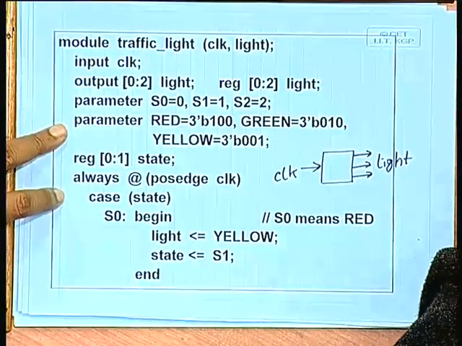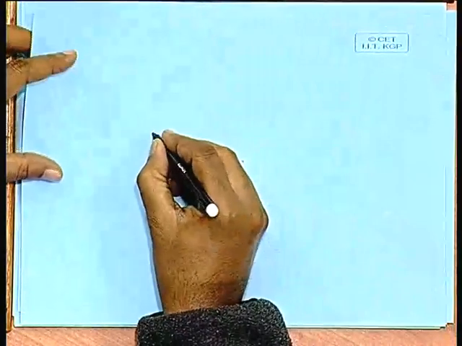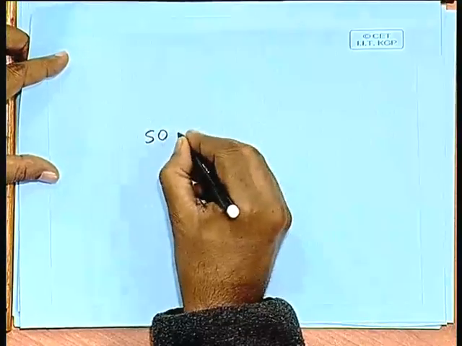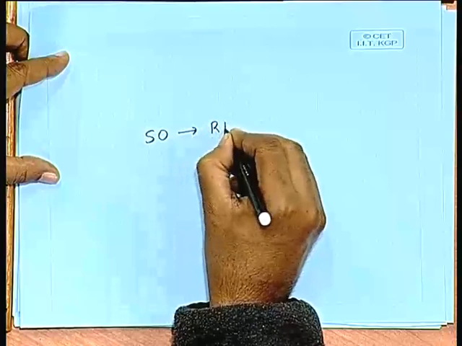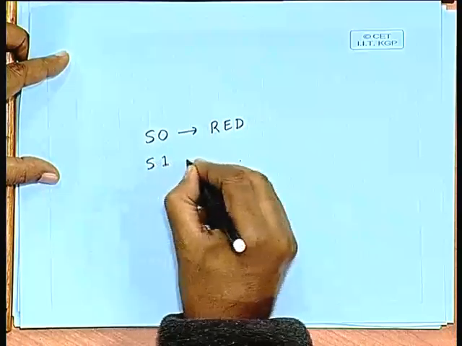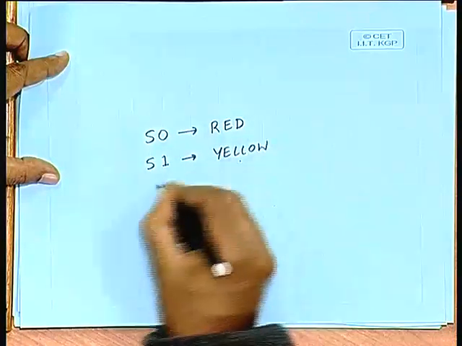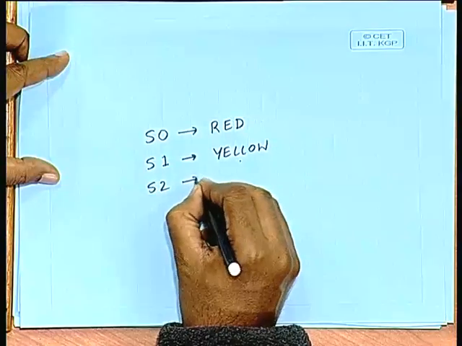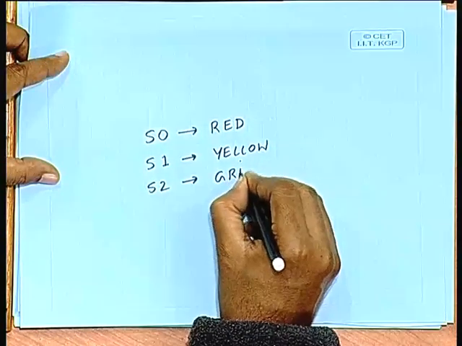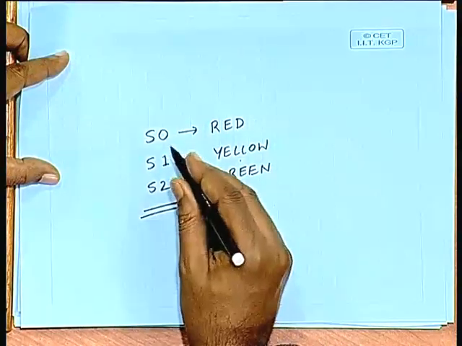Our interpretation is like this: in state S0 we will assume that the red light is glowing, in state S1 we will assume that the yellow light is glowing, and in S2 it will be green. So, these are the interpretations of the different states.